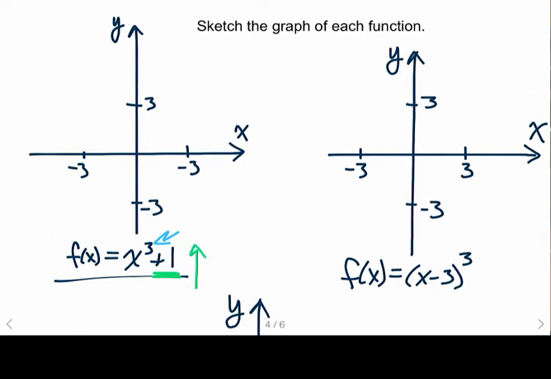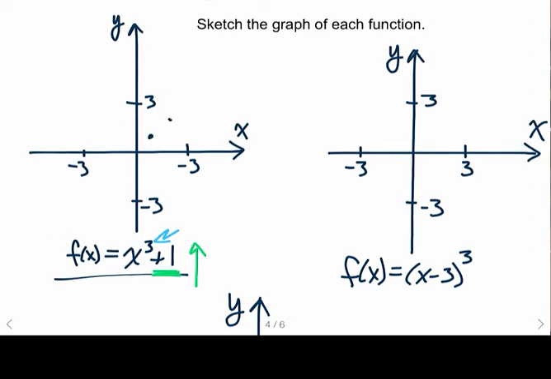And so I'm going to draw the shape of the cubic function that I know, but instead of starting at the origin, I'm going to start 1 unit up. And then as I recall, the cubic function goes high in the first quadrant, wiggles in the middle, and then goes down into the third quadrant. And it's the shape that I know that's been moved up by 1 unit.